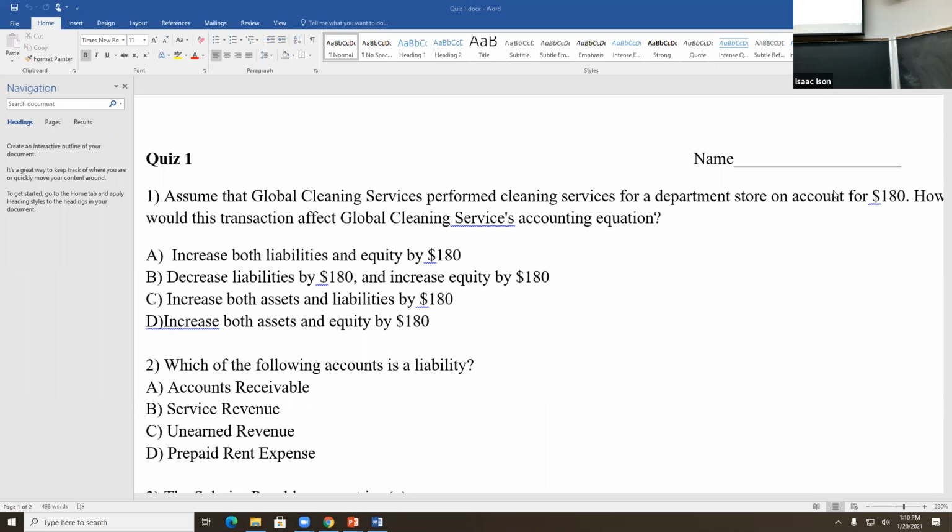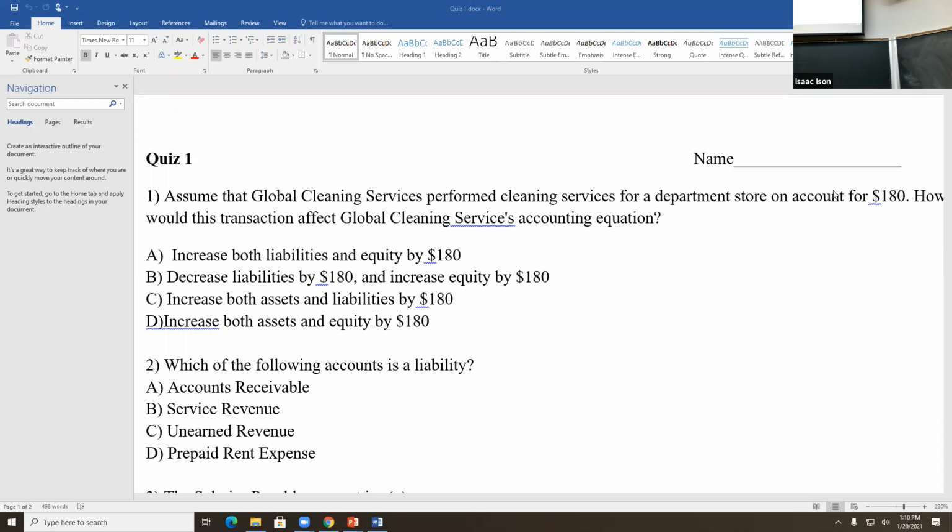Yeah, for sure. So they're an asset, so they're going to go up. How do we get assets to go up? Do we debit them or credit them? Debit. Yep. So debit means over on the left. Correct? Okay, so our office supplies are going to go up.